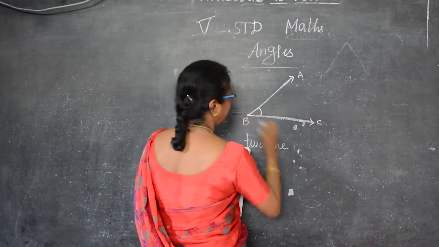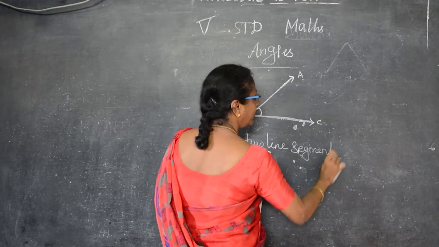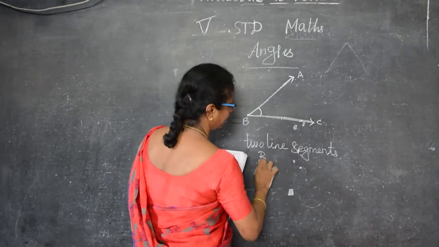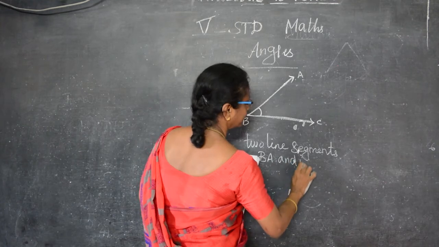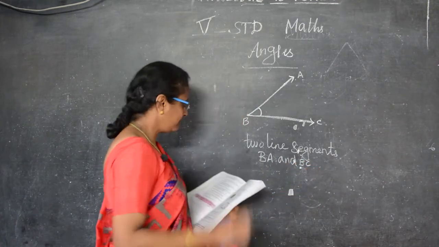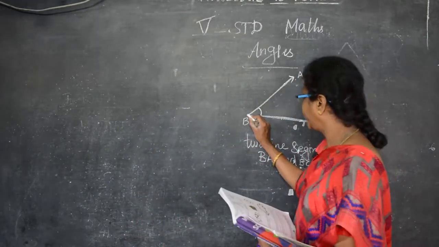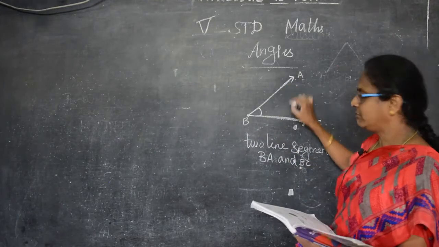Because the angle starts here only. So from where the angle starts, the meeting point, that only we have to say. So BA and BC, which is the common point of this angle. B is the common point. These two line segments only make an angle.